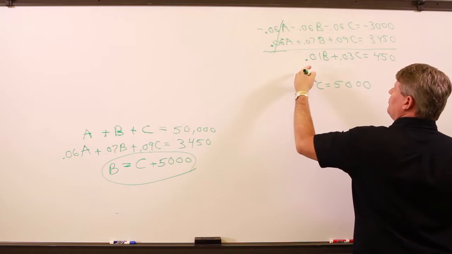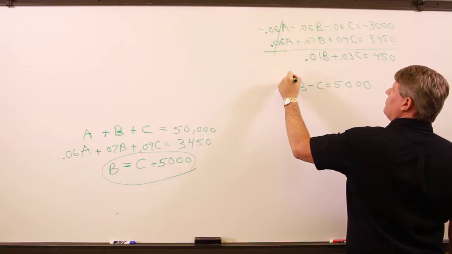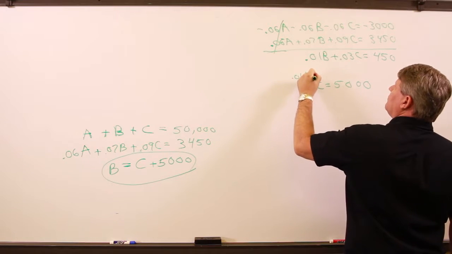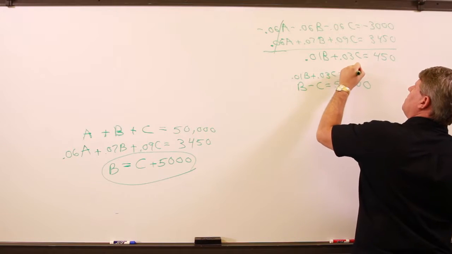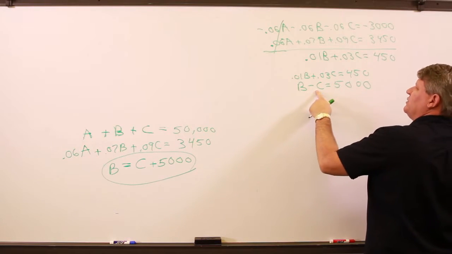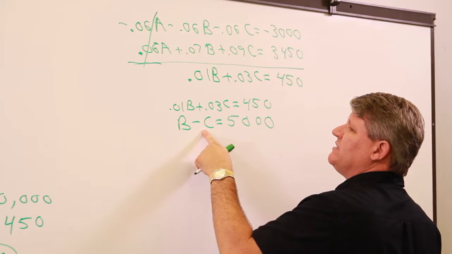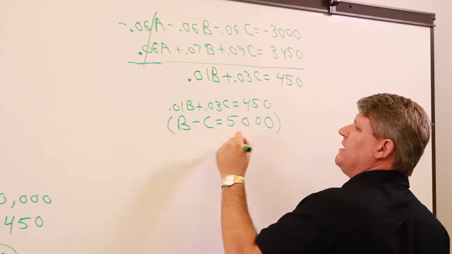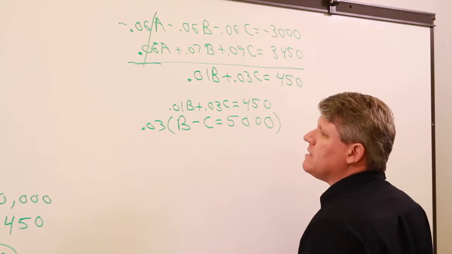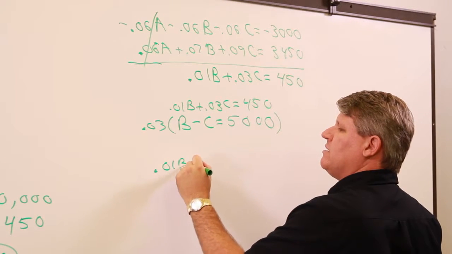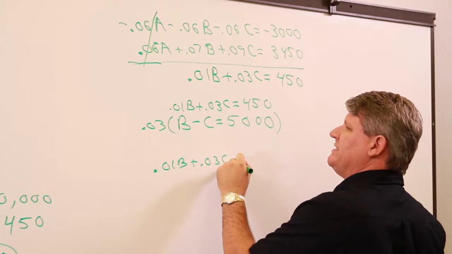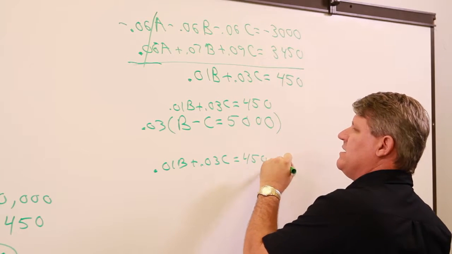And we're going to add these two equations together. First, we have to multiply to ensure that we do cancel one variable. And notice that my C is already negative, so probably the easiest thing to do here would be to multiply the second equation by 0.03. So our first equation is still 0.01b plus 0.03c is equal to 450.